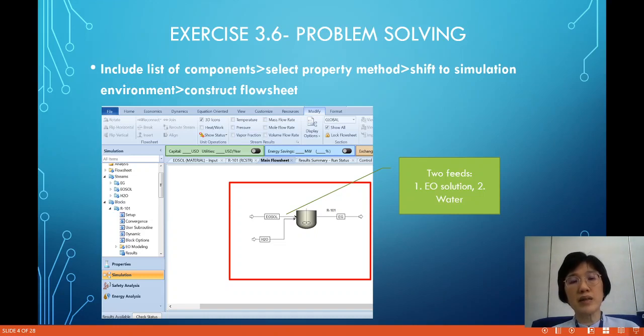The first step in the simulation environment is to construct the flow sheet, which consists of a CSTR, 2 feeds, and also 1 product. You can name the CSTR accordingly using the appropriate convention. In this case, I have actually named it as R101.